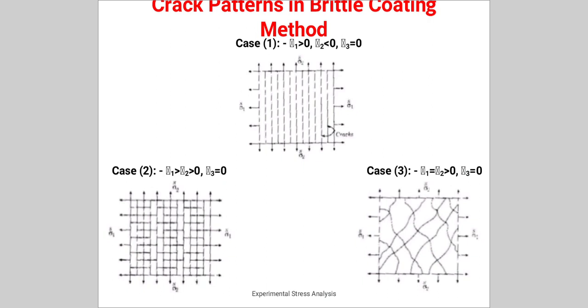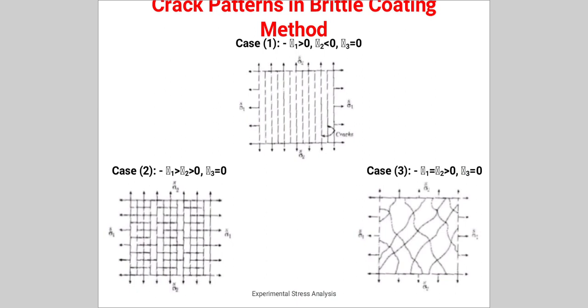In the figure, the vertical line indicates that the crack patterns are produced in the y direction. So these cracks are produced in the direction of sigma 2, and these cracks are perpendicular to sigma 1. That means by using the first figure, we can calculate only the value of sigma 1, because the body is subjected to only one force.